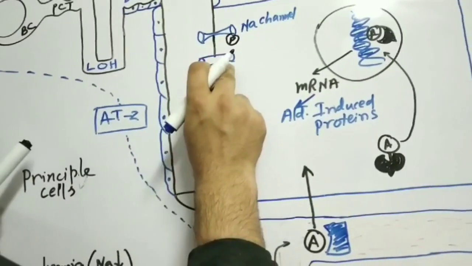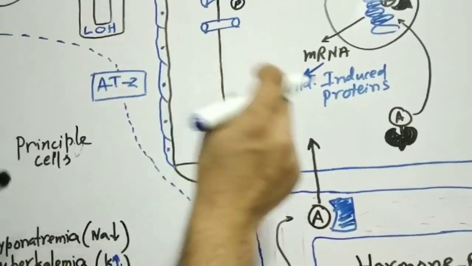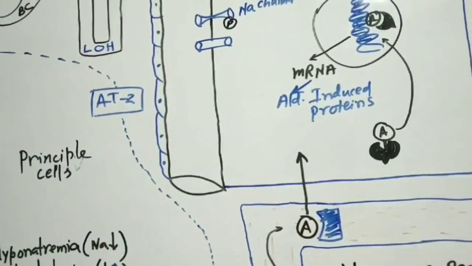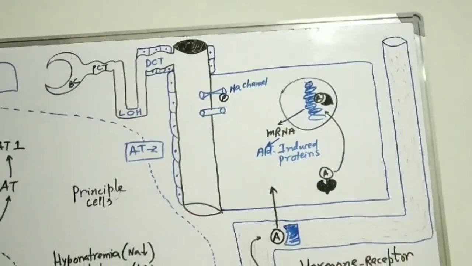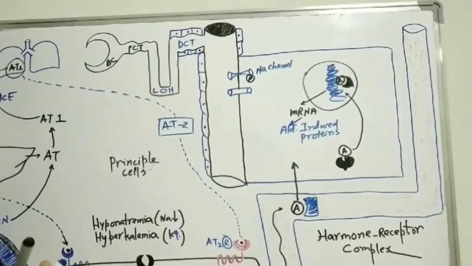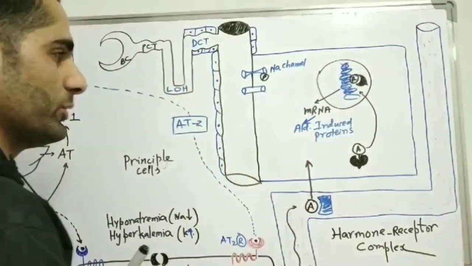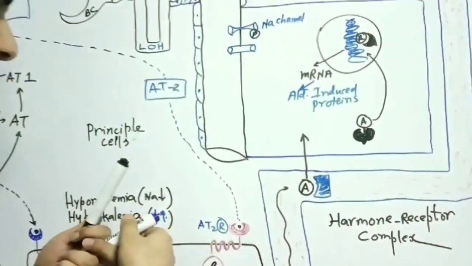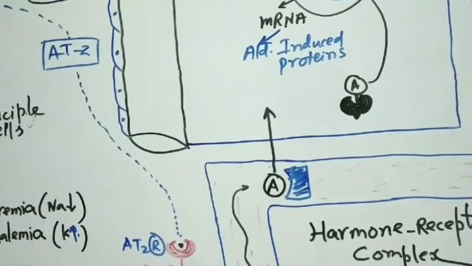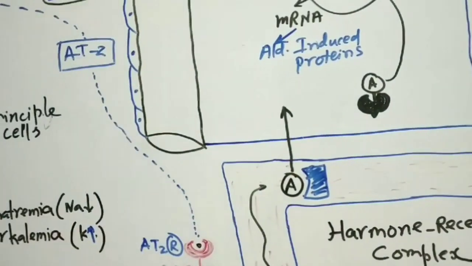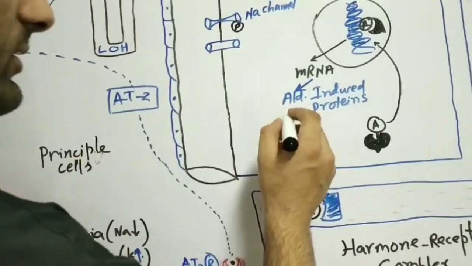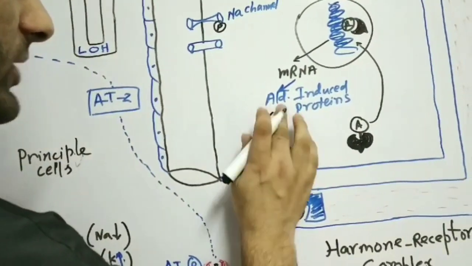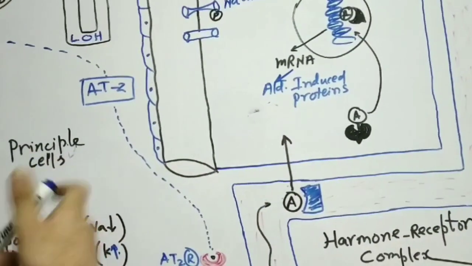Now this sodium channel is activated by the aldosterone. This was the first function of aldosterone induced proteins. Also, aldosterone induced proteins include some more sodium channels. Let me show you here by blue color.